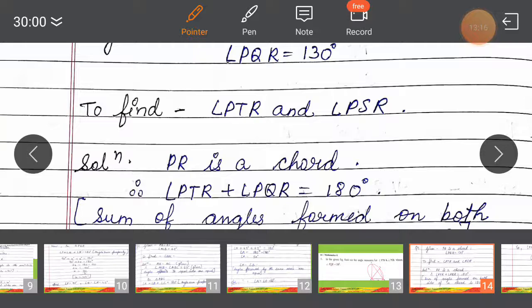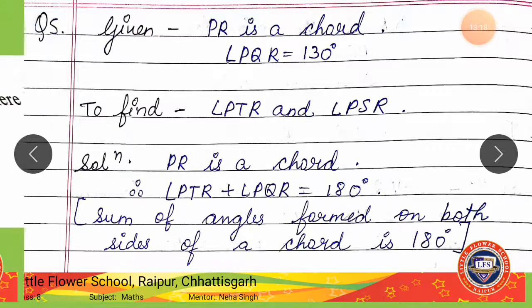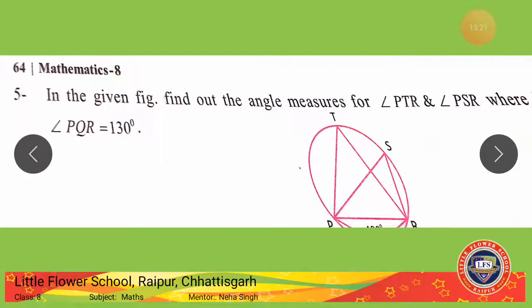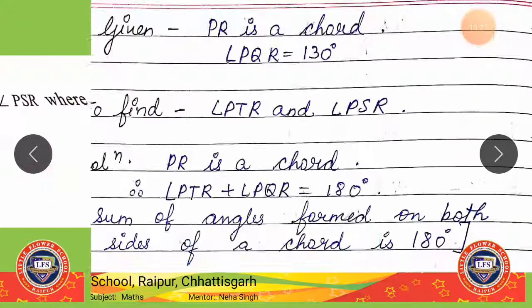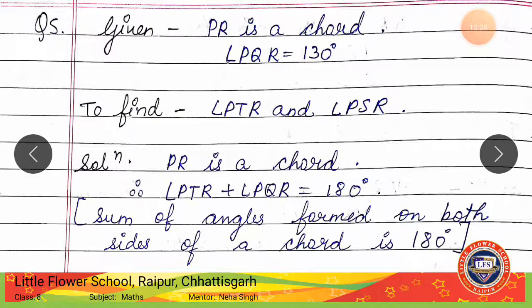Now, see, this is the chord. So angles on the opposite sides of the chord sum up to 180 degrees. This is also a point. The sum of angles formed on both sides of the chord is 180 degrees.